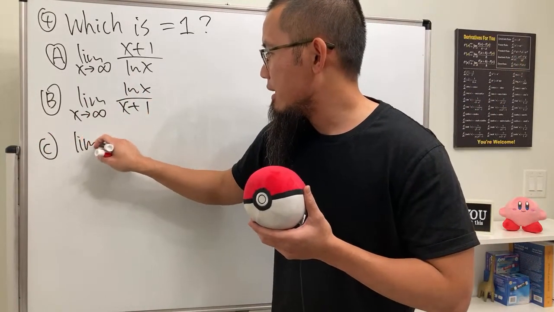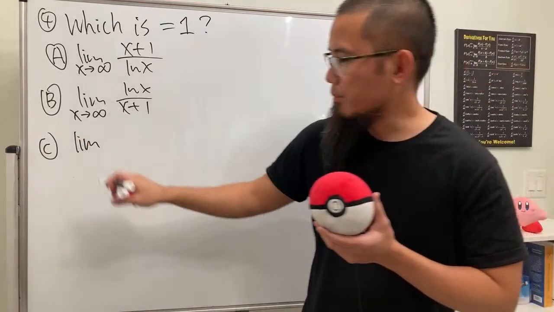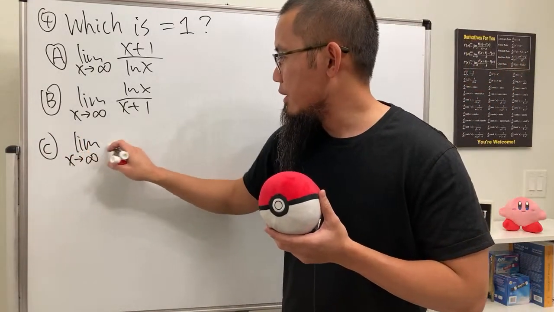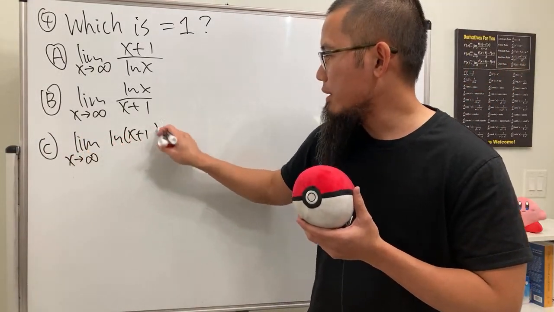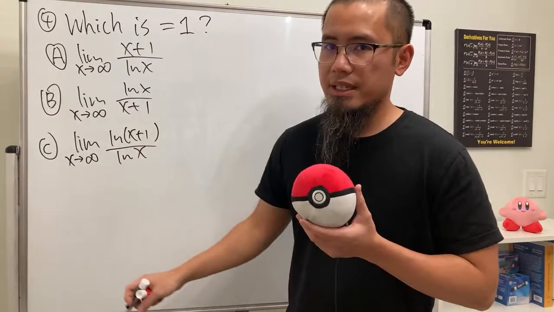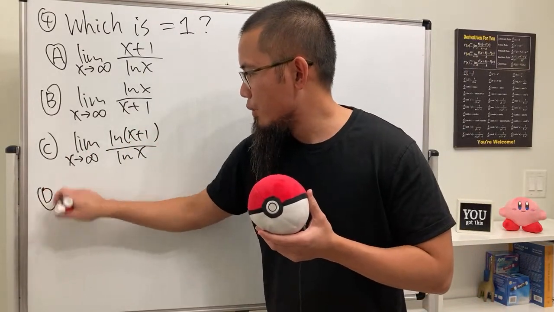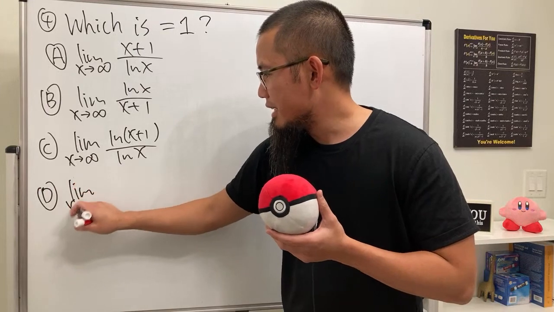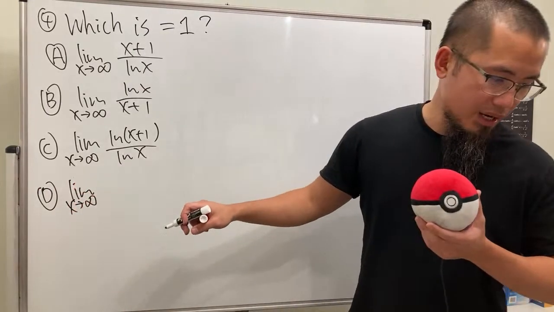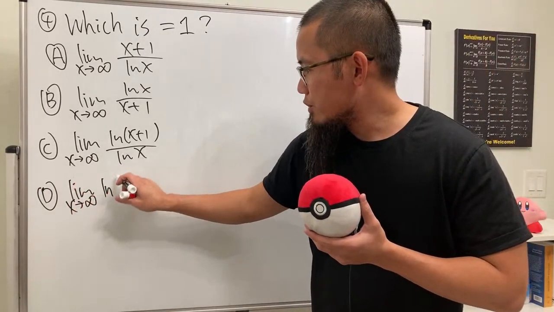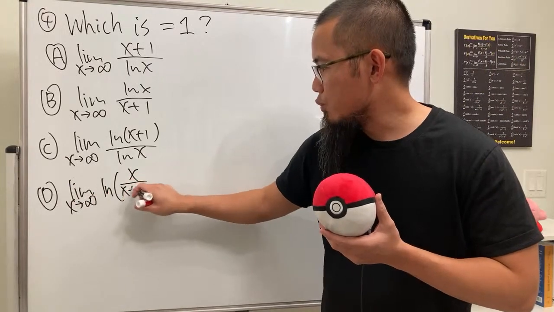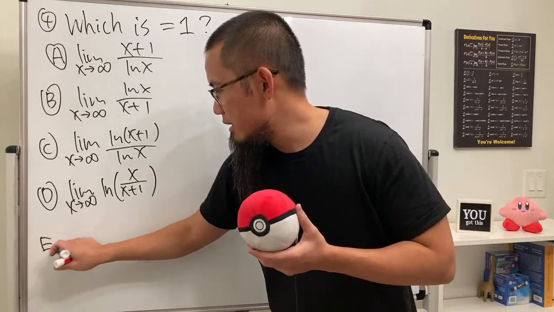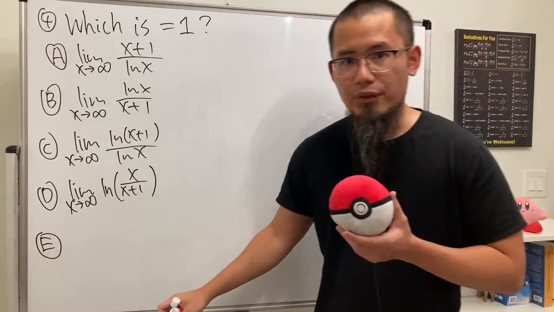D, the limit as x approaches infinity of ln of x plus 1 over ln x. And then we have E, the limit as x approaches infinity of the natural log of x over x plus 1 inside. And lastly, there's one more option: none of the above.